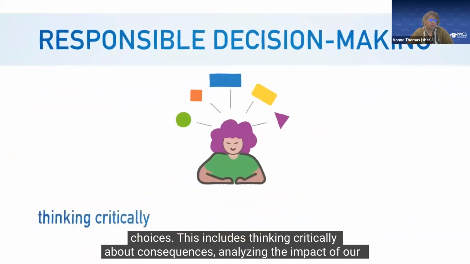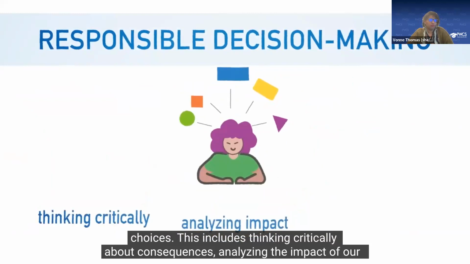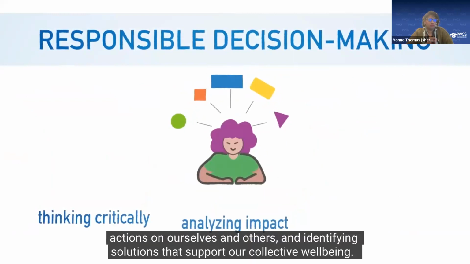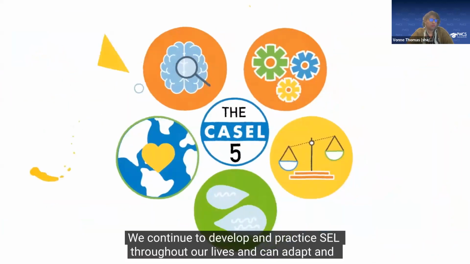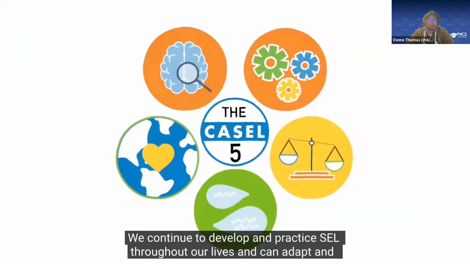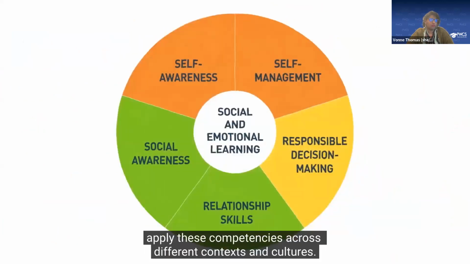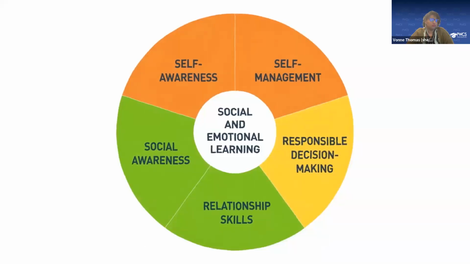This includes thinking critically about consequences, analyzing the impact of our actions on ourselves and others, and identifying solutions that support our collective well-being. We continue to develop and practice SEL throughout our lives and can adapt and apply these competencies across different contexts and cultures.